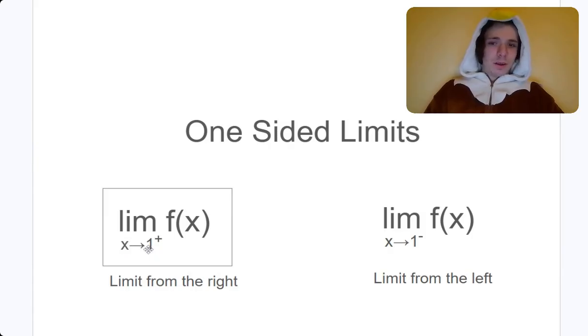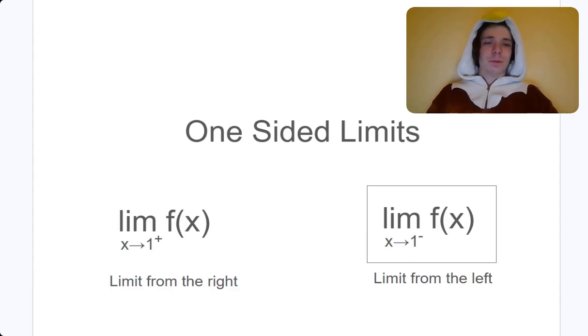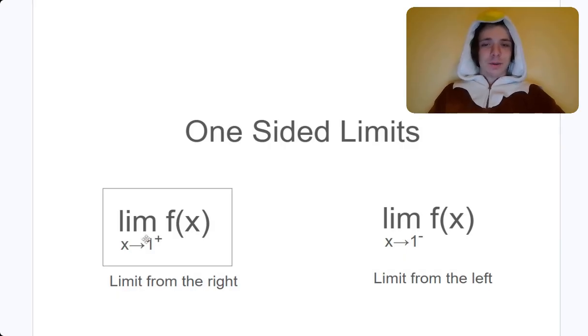X approaches 1 from the right, that's what the plus sign is for. And our limit from the left, x approaches 1 with a minus sign, that's x approaching 1 from the left. So you can think of from the left as what happened with Shadow, coming in from the negative side, and Jackie is coming in from the positive side.